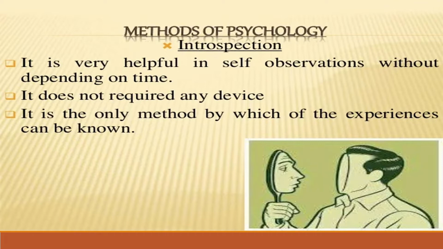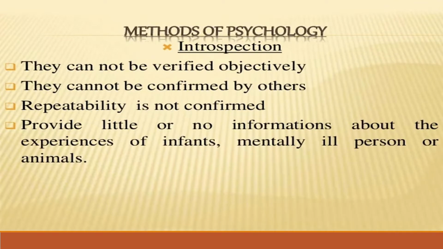So for that, we self-inspect to find what is wrong with ourselves. However, the findings cannot be verified objectively, they cannot be confirmed by others, they cannot be repeatedly confirmed, and it provides little or no information about the experience of an infant, a mentally ill person or an animal.